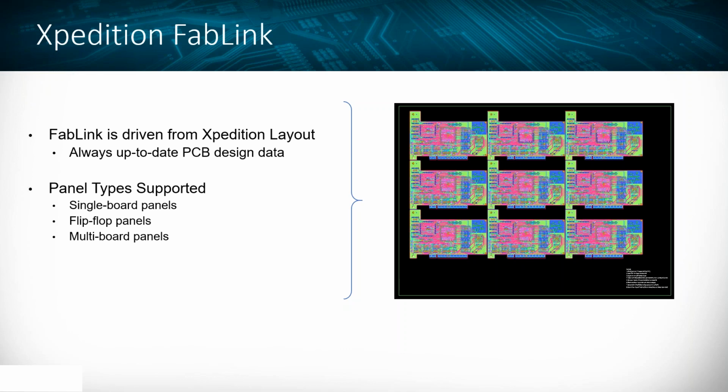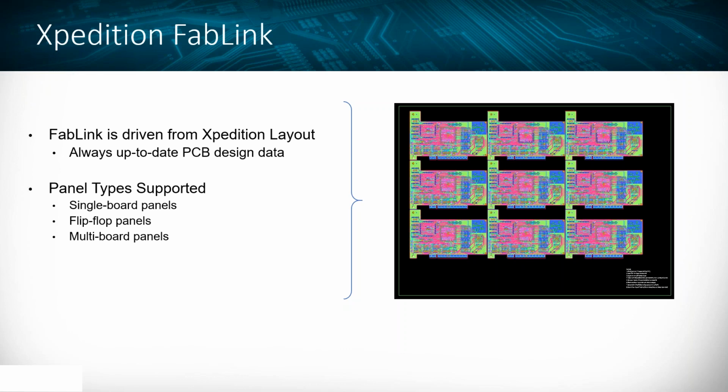I did mention that Xpedition FabLink is able to support multiple types of panels. We can have a single board panel, as in just one type of printed circuit board on the panel. As you'll see in that picture, I've got nine of that same PCIe type card. We also have the ability to do flip-flop panels where you can have one board on the top side of the panel, and then you can flip it to the back side of the panel.